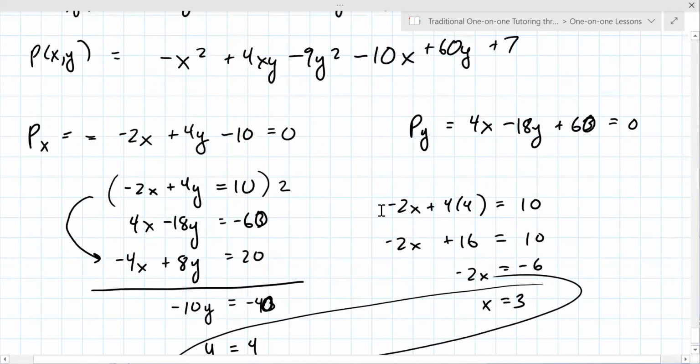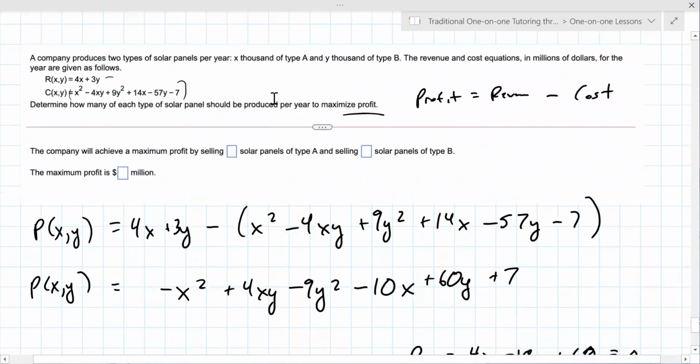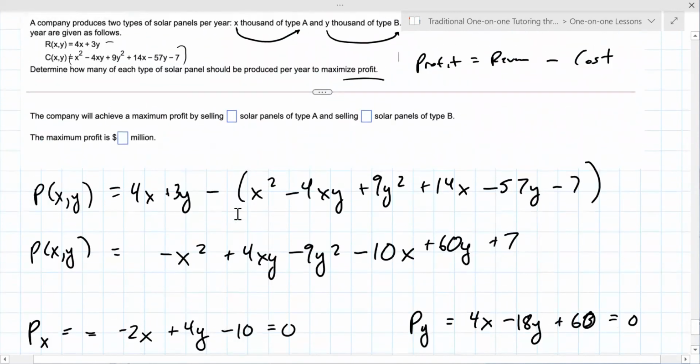So if we go back here, x is type A and y is type B. So I think we said x was 3. I think it's 3,000 because it says x thousand and then 4,000 solar panels.